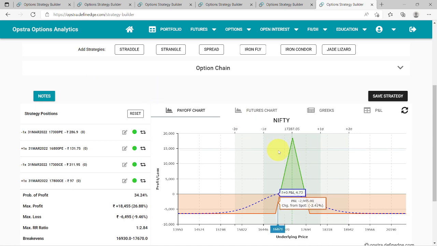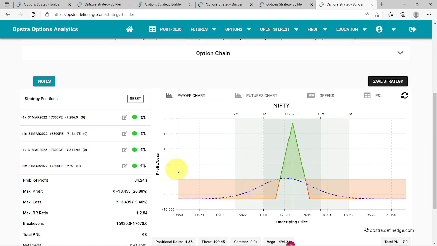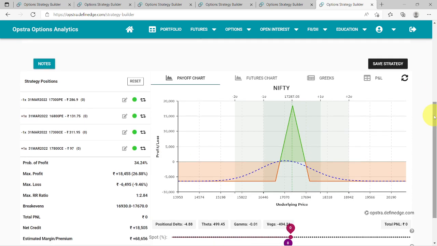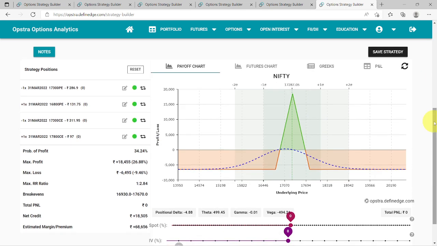And the payoff diagram for the iron fly is this, where you can see that max profit has reduced from 29,000 to 28,000, but max loss from undefined has become only 6,000. But probability of profit has declined from 52% to 34%, and estimated margin has declined from 1.35 lakhs to 67,000, 68,500.